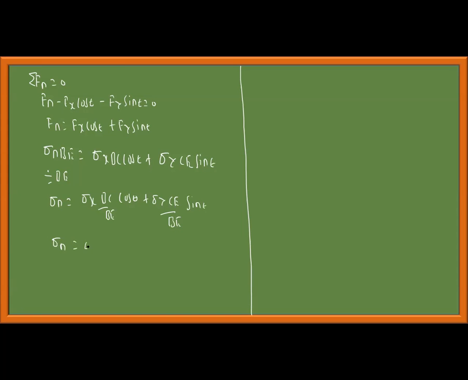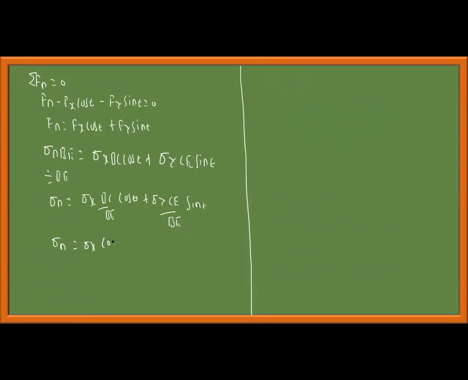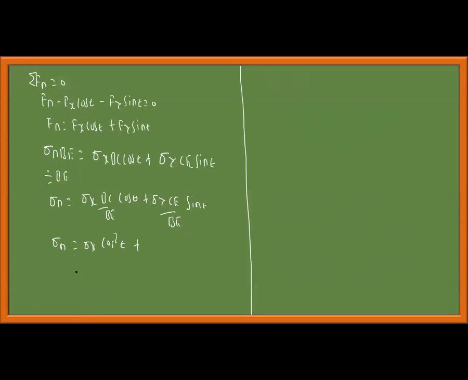Sigma n is equal to sigma x cos square theta, since bc by b is adjacent, which is cos theta, plus sigma y sin square theta, since ce by b is sin theta. Right? Next, we need to derive the expression for f of t.